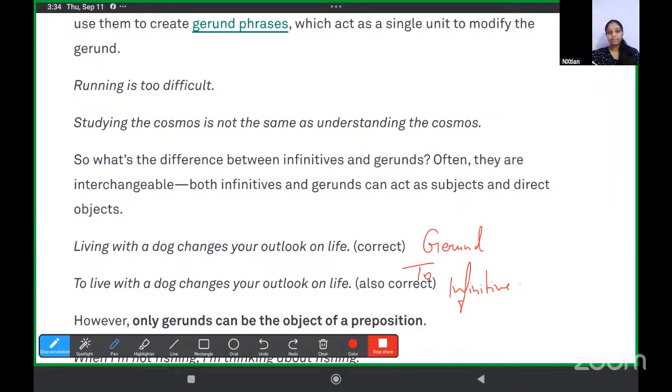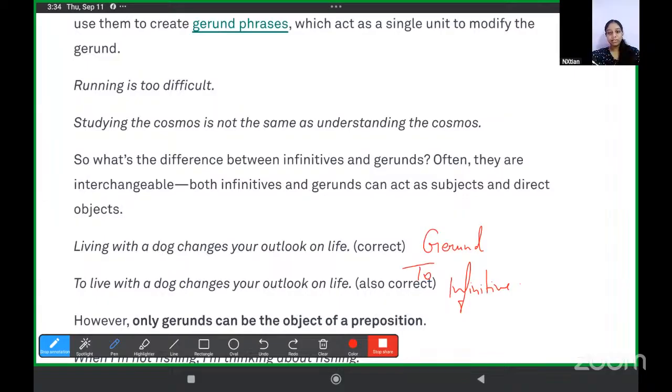So ma'am, bare infinitive is like used as a verb, but gerund is always used as a noun. Yes, that is true. Gerund is always used as a noun.